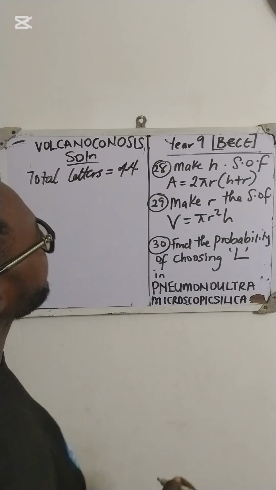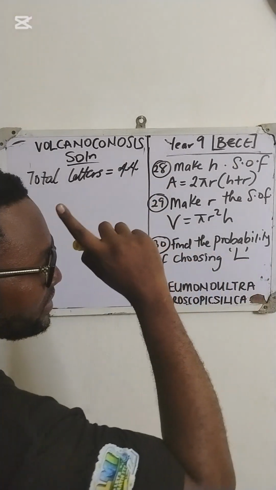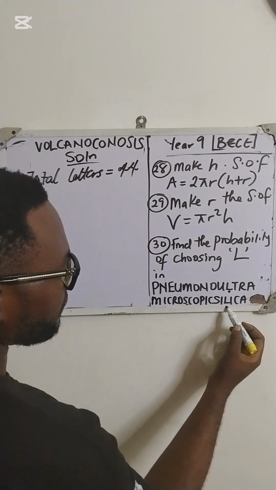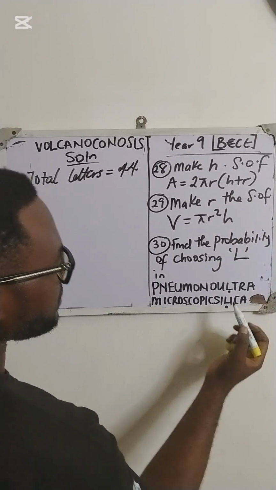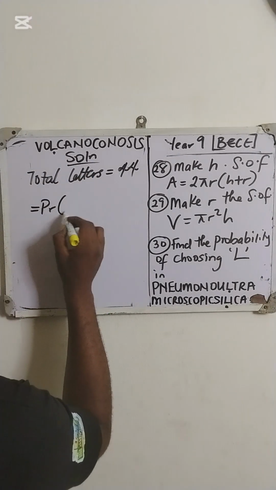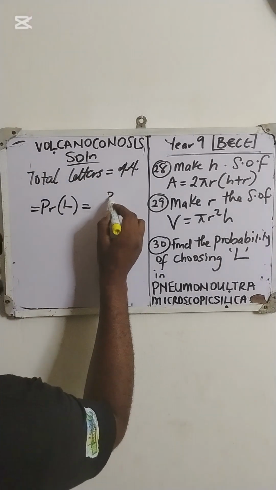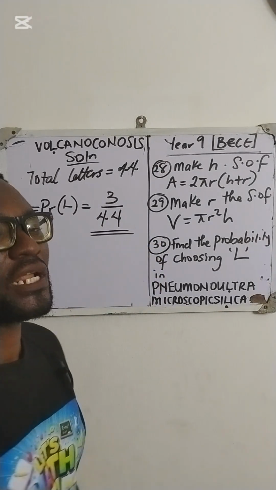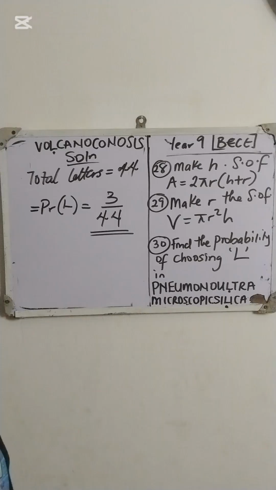Now, what's the probability of picking an L if you want to pick one? We have one L here, another here, and a last one here. So the probability of picking an L is just 3 out of 44. That's it.